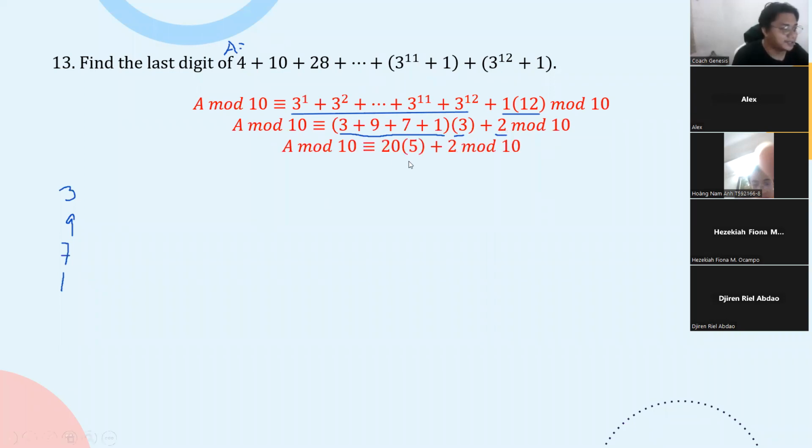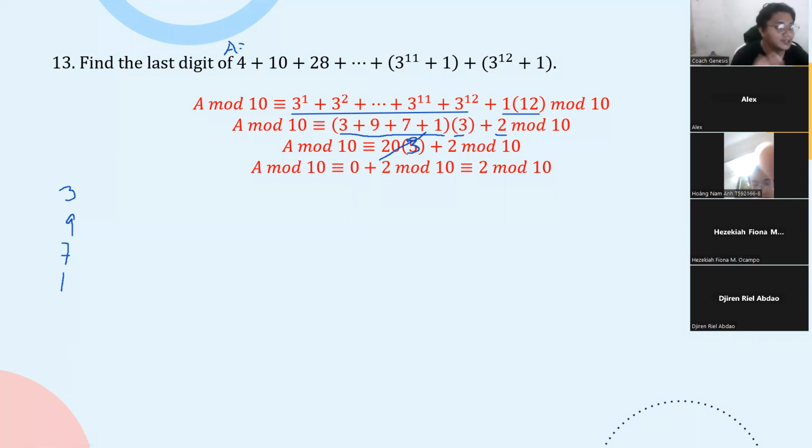Next, we have 3 plus 9 plus 7 plus 1. Okay, so this is a typo, it's actually 3. So that will be 20. 20 times 3 plus 2 modulo 10. Now, 20 under modulo 10 is 0 because 20 is divisible by 10. That means that this will just be 0. So we are left with 0 plus 2 modulo 10, which is just 2 modulo 10.